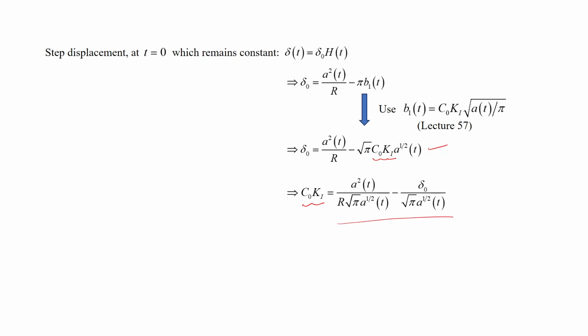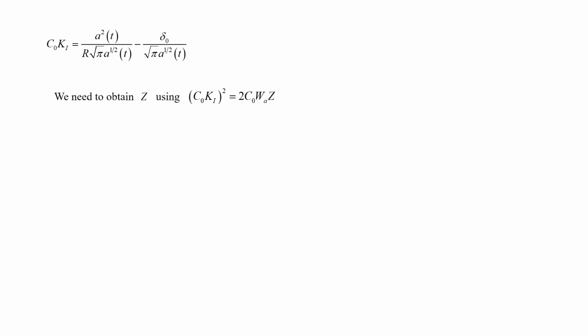Remember that we need a model for measuring the stress intensity factor, and that is exactly what was done in the last lecture, and there we wrote this kind of model where the variable z had to be estimated, and for that we now have the expression for C0 and Ki, and the work of adhesion we know.